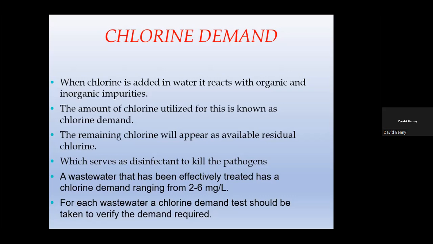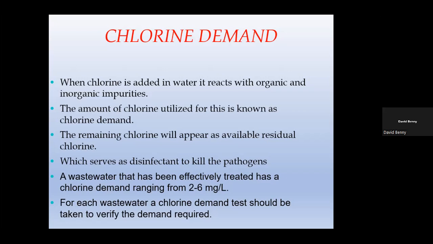you should run a chlorine demand test. And that is pretty straightforward to do. You take samples of the effluent, 1 liter samples, add varying amounts of chlorine into them, and put them in a closed cupboard for 30 minutes. After that 30 minutes, you record the residuals.